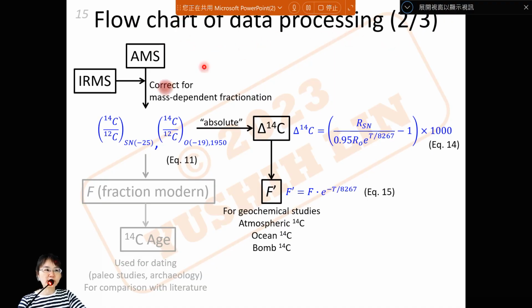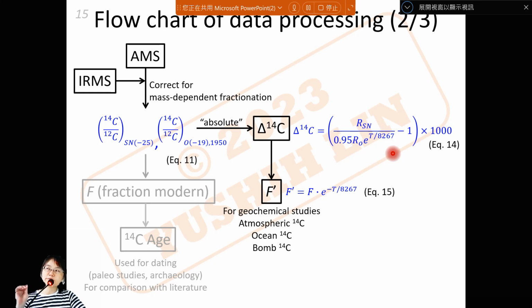Go back to this flow chart. We talk about this path here. If you want to go in the direction of very exact data, start from here. Use these two normalized ratios to calculate big delta C14, which is this equation. And then you can calculate F prime. Usually we will stop here, at big delta C14.